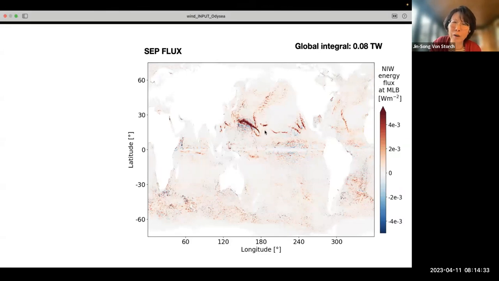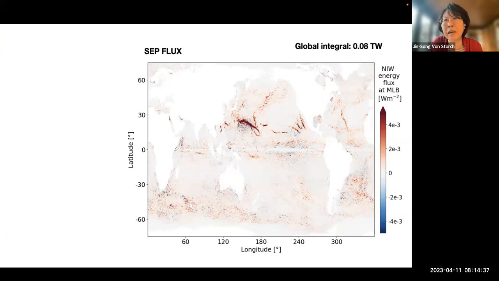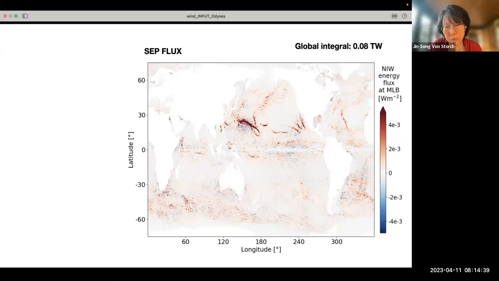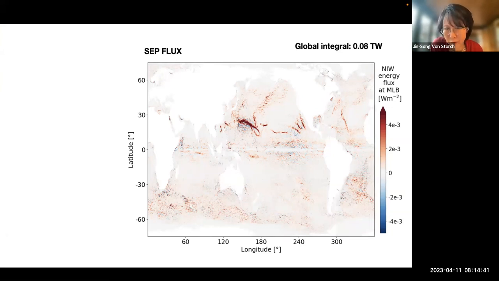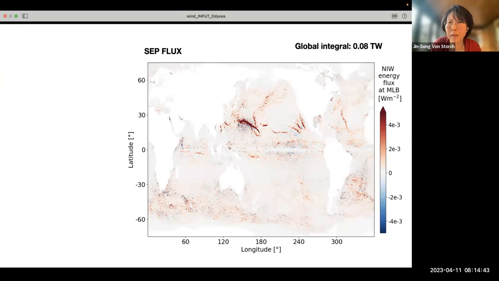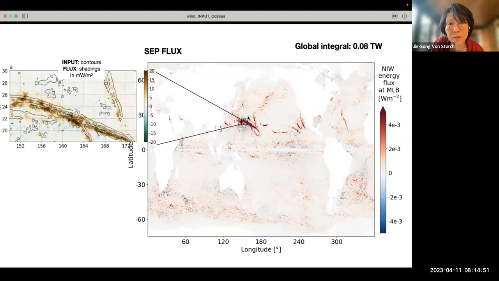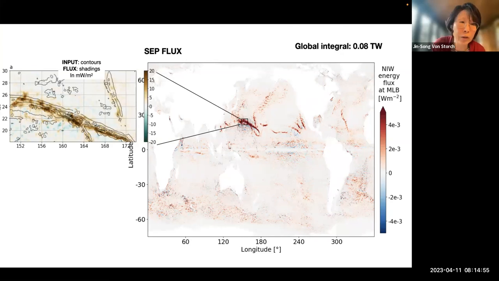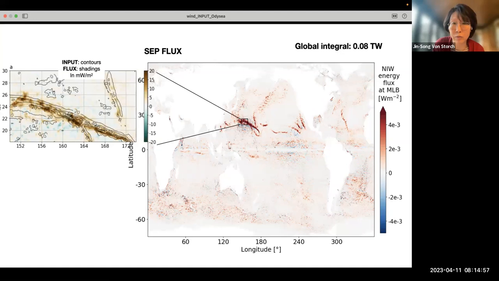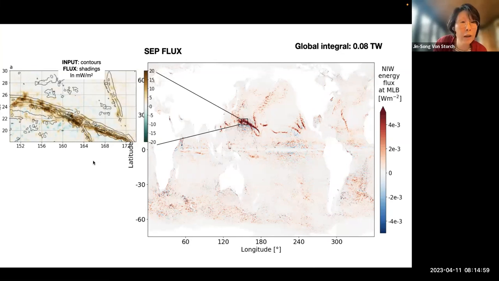and we have very strong positive flux, downward flux, at the super inertial range, and this flux is quite strong. We can maybe just look into one of these small areas where a tropical cyclone was passing through during that period.